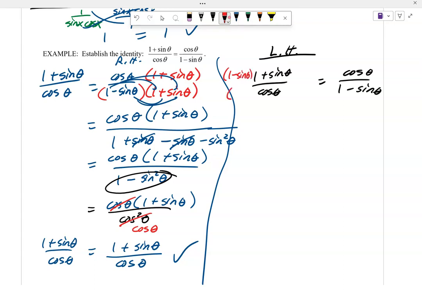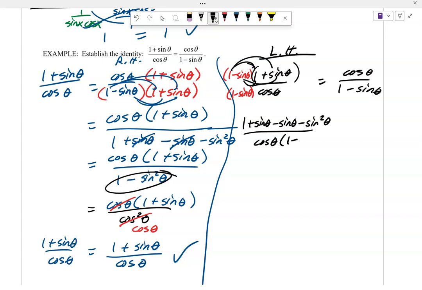If I do it to the top, got to do it to the bottom. And so we have 1 times 1 is 1, plus sine, minus sine, minus sine squared. This is all over, I have a cosine and a 1 minus sine. Sine minus sine, that's gone. So I'm left with 1 minus sine squared in my numerator.